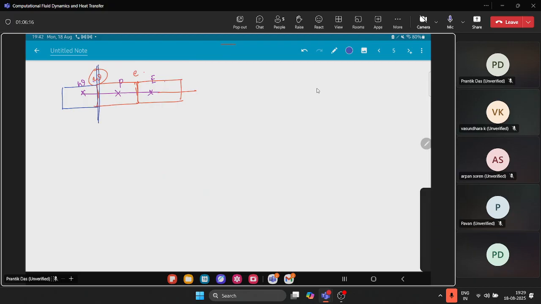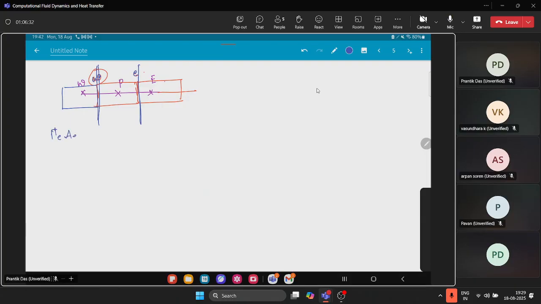So this is the interface between the P and E control volumes, small e, and small w is the interface between the capital P and capital W control volumes. This you should keep in mind.